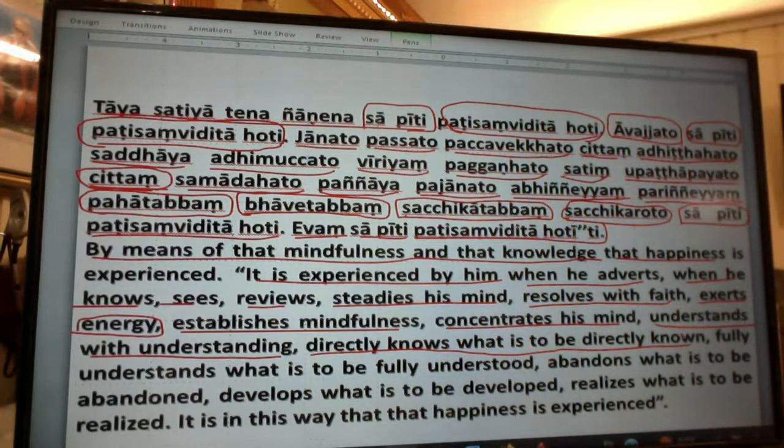Without understanding dukkha satya, we cannot remove kilesa, mental defilement, because defilement has no shape, no color, no touching. That's why Abhinneyyam, Parinneyyam, two steps.